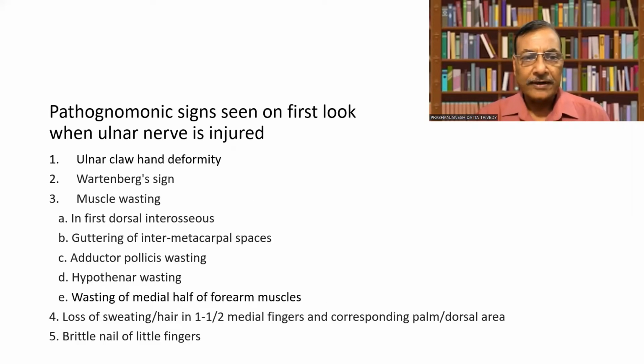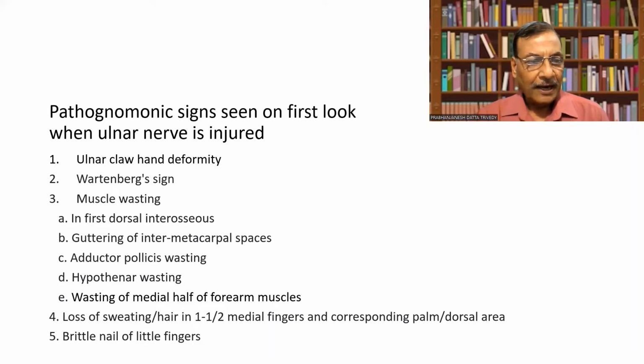In the case of ulnar nerve injuries, you will mark ulnar claw hand deformity and Wartenberg sign. Muscle wasting will be seen in the first dorsal interosseous. There will be guttering of the intermetacarpal spaces.